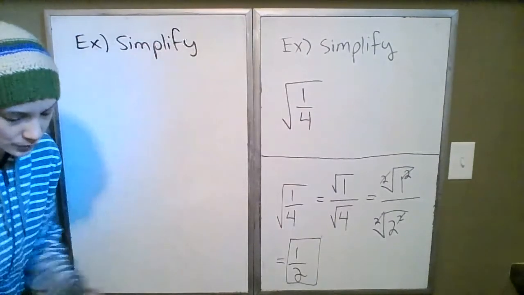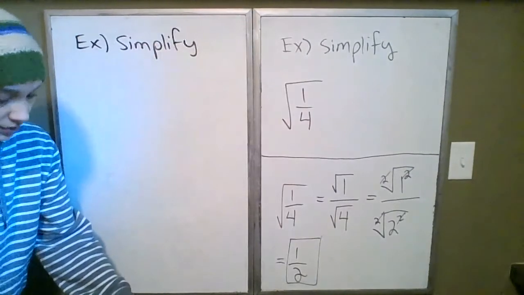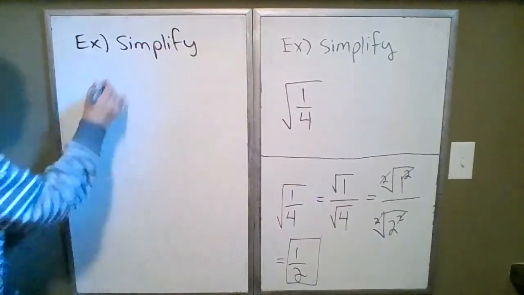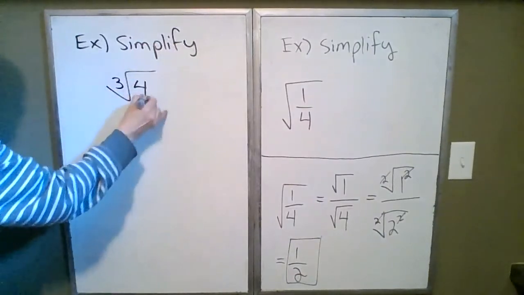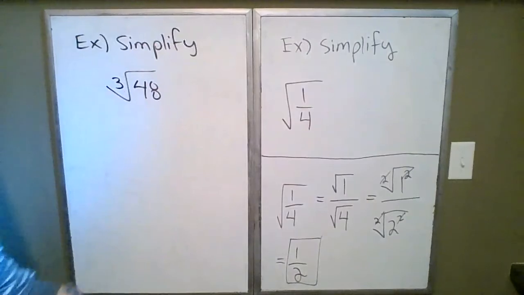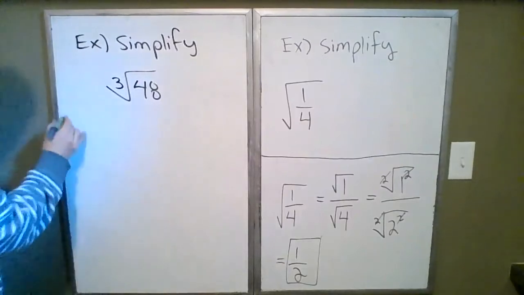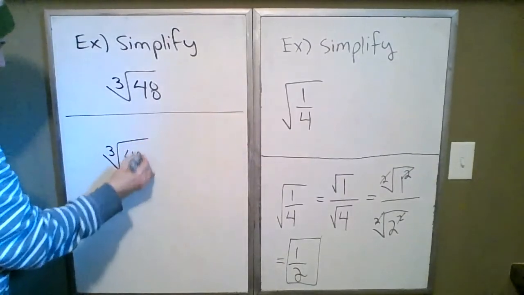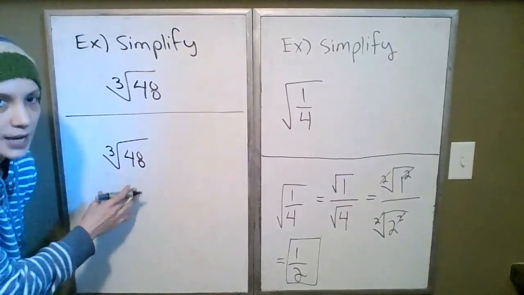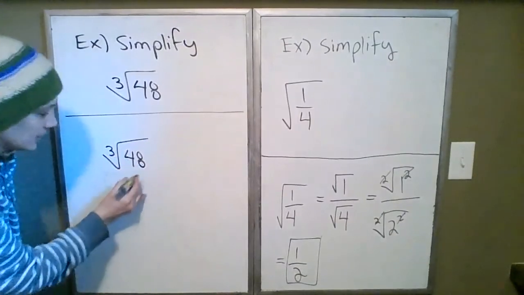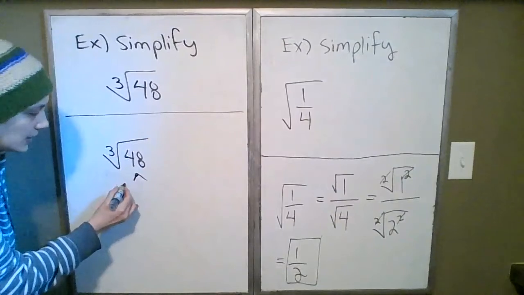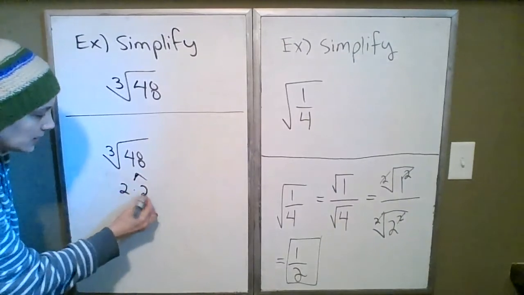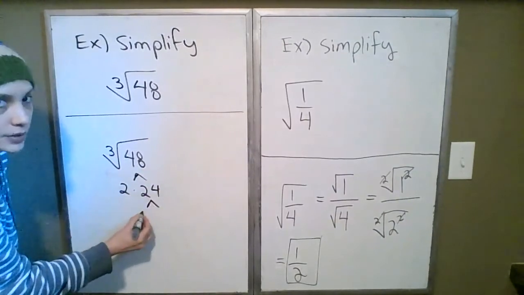Okay, we're on to the cube root of 48. So I start factoring these. 48 is 2 times 24. 24 is 2 times 12.